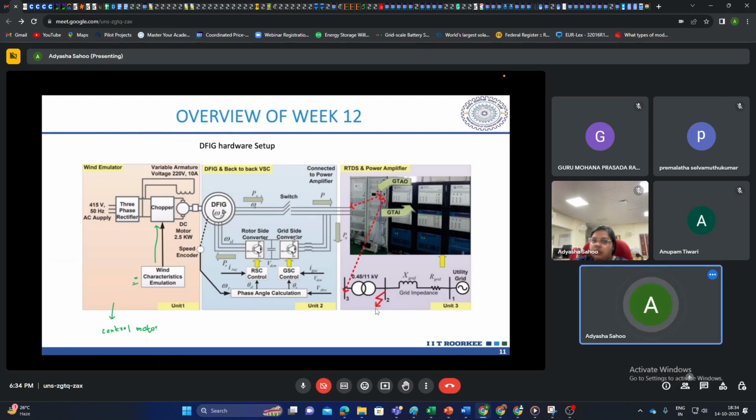For the symmetrical faults, if I come to the positive, negative, and zero sequence frame, what component of voltage or current will be non-zero?